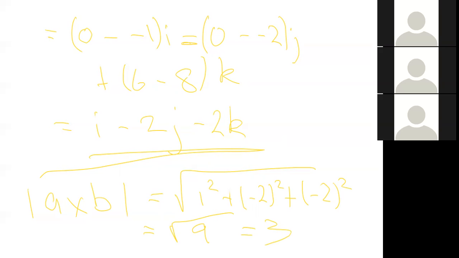And then he also says to find the dot products A dot C and B dot C. From what we had at the start, A was 6, 4, and -1. And C we found to be 1, -2, and -2. So if we do the dot product, we're going to have 6 times 1, 4 times -2, plus -1 times -2.